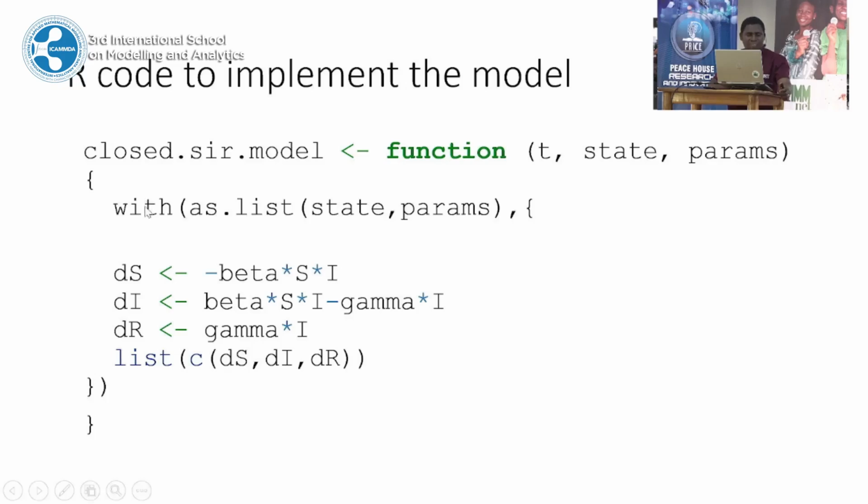After the curly bracket, there are different ways we can write this code, but I've decided to choose this one because it's a very simple way of writing the code. When we are using with and as.list, it's a very simple way of coding this system of differential equations. There are other ways, but this is the simplest.